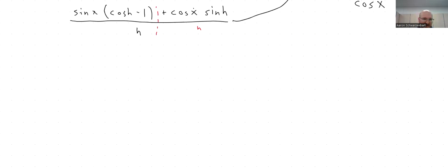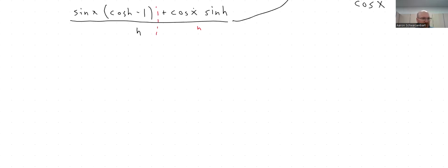Okay, there we go. So the derivative of tangent I know is secant squared. So functionally here, I'm doing the derivative of the sine over the cosine. And this is a quotient rule.